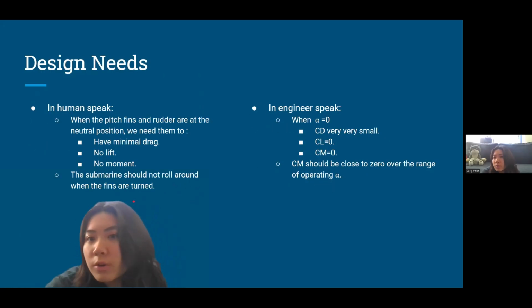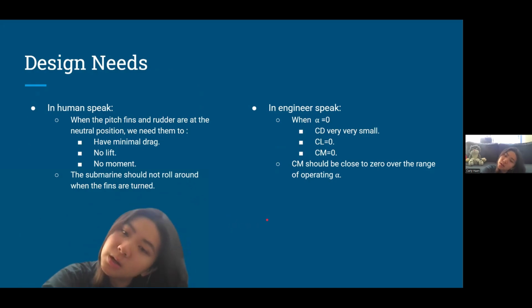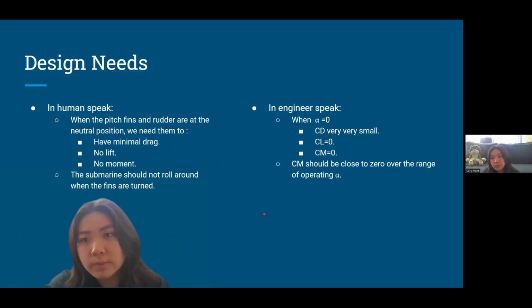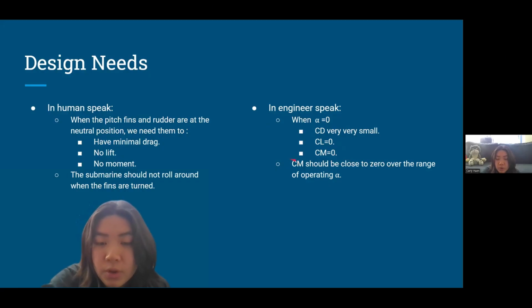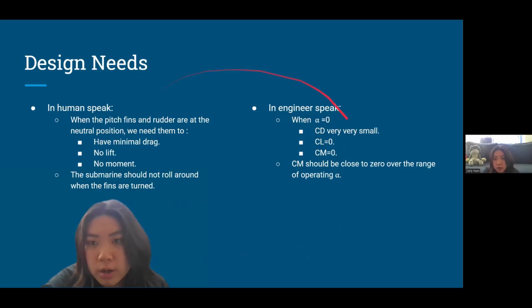And no, we will not talk about materials for now. That's a question for future Carly. In engineering speak, that means when your angle of attack is zero, which corresponds to neutral, your coefficient of drag is really small, your coefficient of lift is zero, and your coefficient of moment is zero. Given our application, we don't want the submarine to roll around.